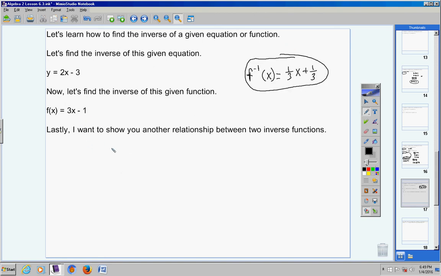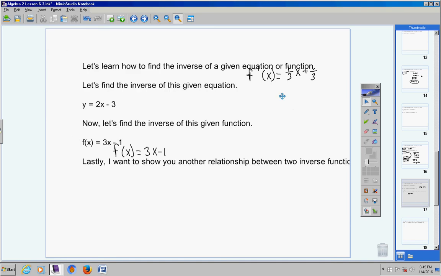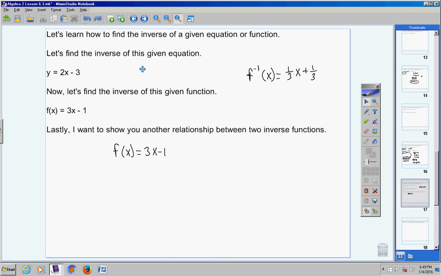Okay, now the last problem we did, we started off with this function here, right? Didn't we? I'm sure we did. And we ended up with this function right here, this inverse function, correct? I'll just go ahead and copy it so I'm not going to waste a bunch of time.